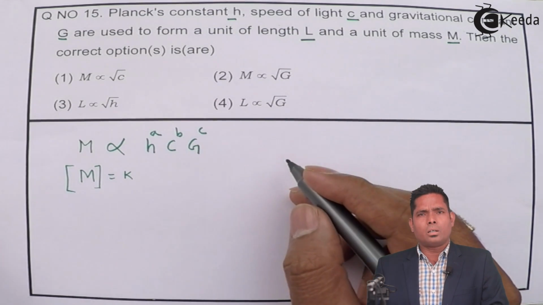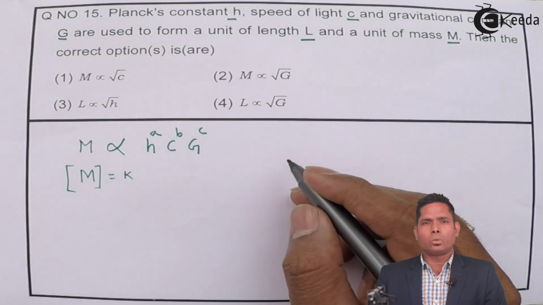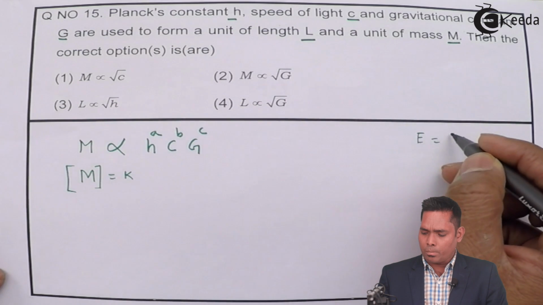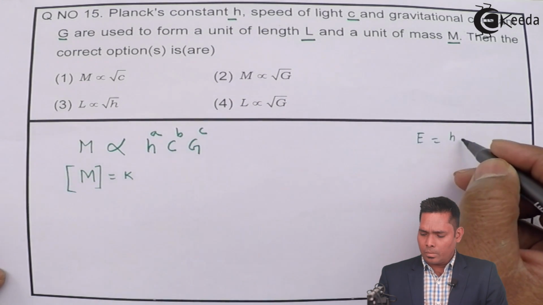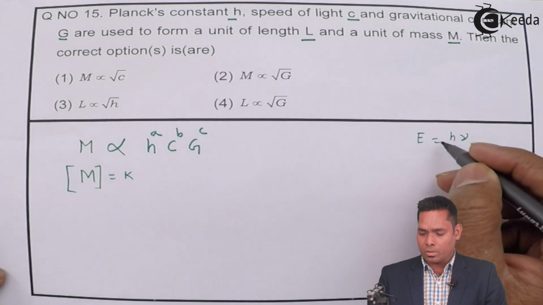h is energy into time, because E equals h nu. Nu is 1 upon second, so time is multiplied here.